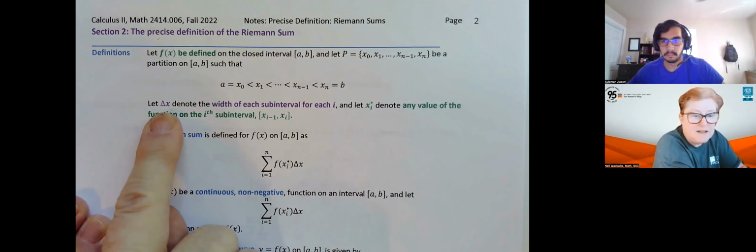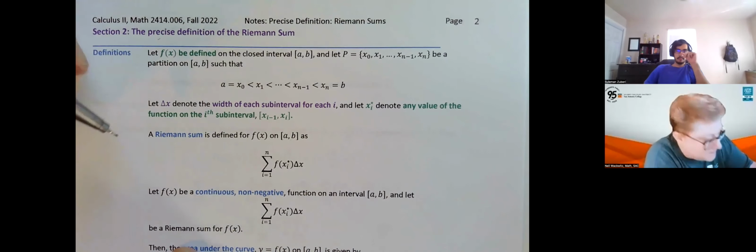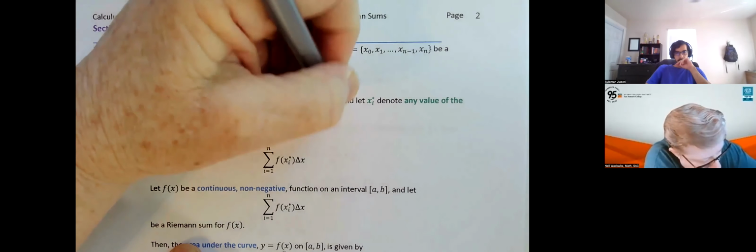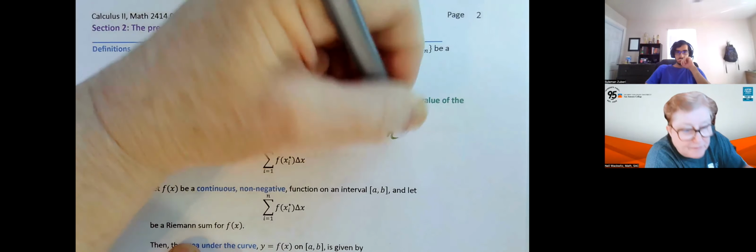We're going to let delta x be the width of our subinterval, and delta x is always b minus a over n.